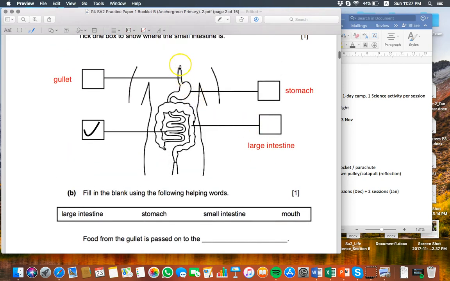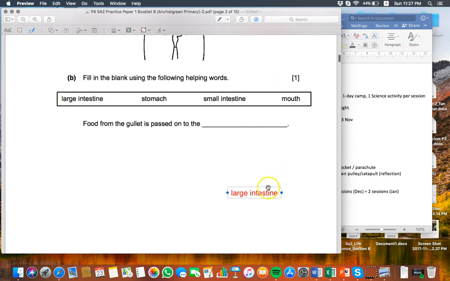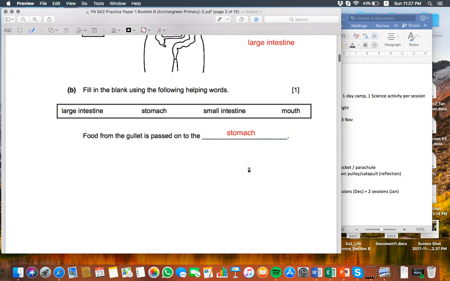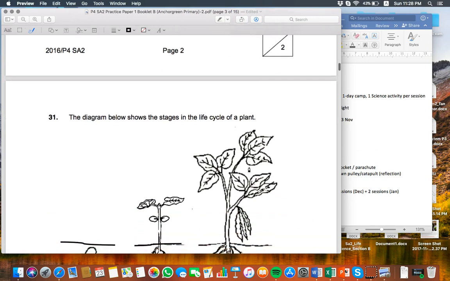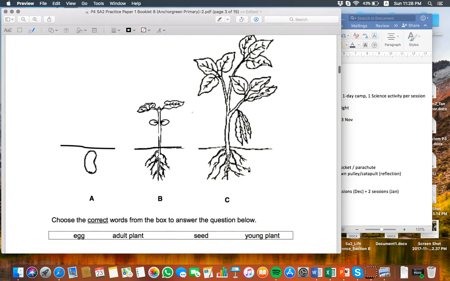So this is your gullet. So what is this part here? You have already written down the word stomach. Stomach. Done? Very good. I hope you have gotten all correct. First few questions, they are usually quite easy.